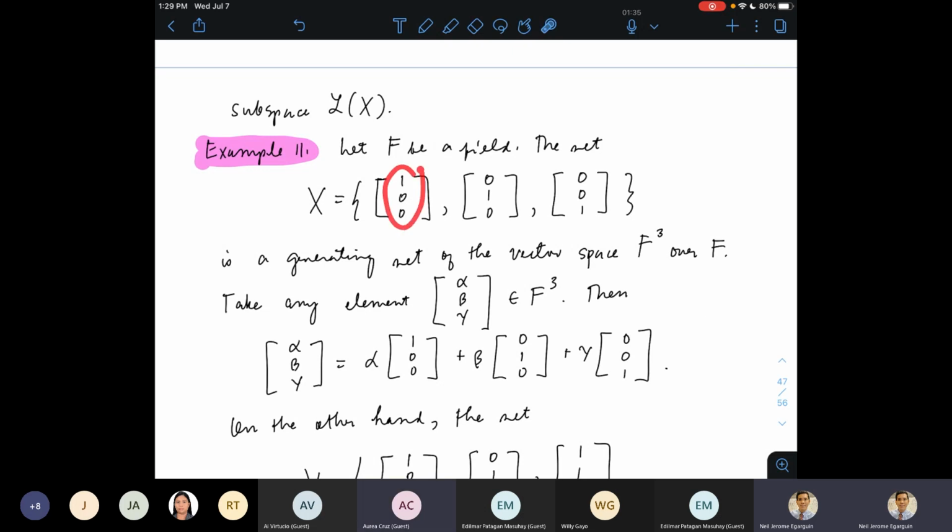You can think of it as the x coordinate. (0, 1, 0), you can think of it as the y coordinate. (0, 0, 1), you can think of it as the z coordinate. And any point in the three-dimensional Euclidean space can be written in terms of its x, y, and z coordinates.